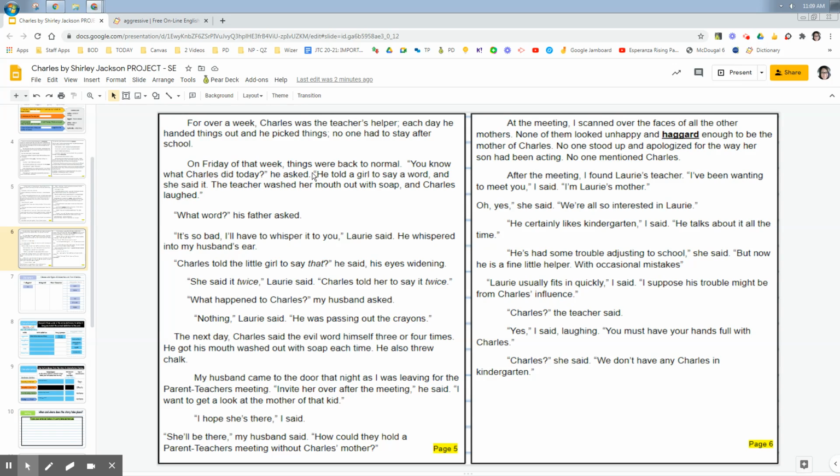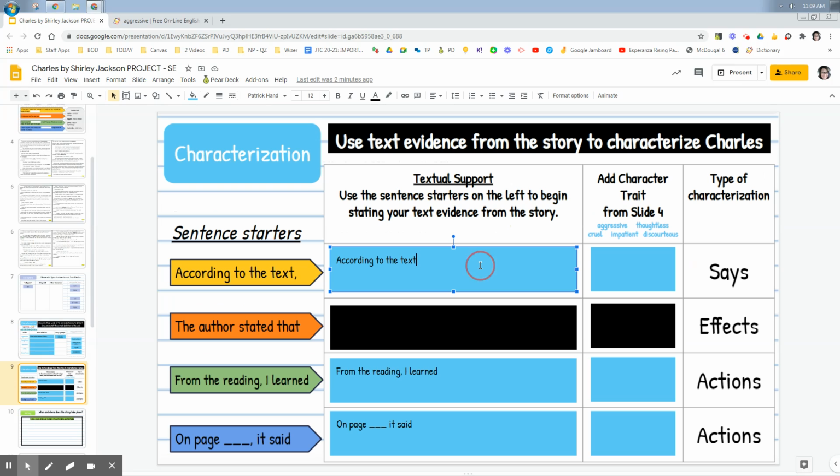So I'm going to take this text evidence where it says he told a girl to say a word and she said it, and the teacher washed her mouth out with soap, and Charles laughed. So I'm going to go back to slide 9, and then I'm going to include the text evidence, exactly how it's written, to show what Charles said, so we can figure out how to characterize him.